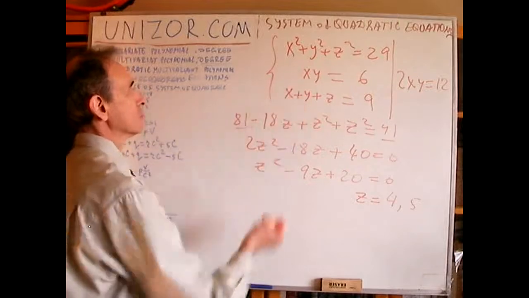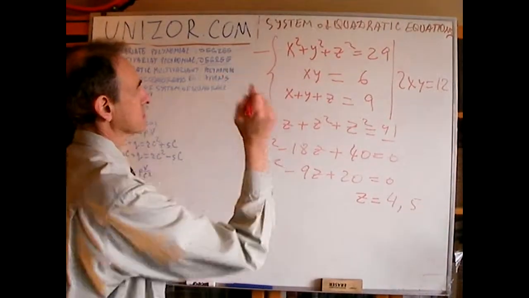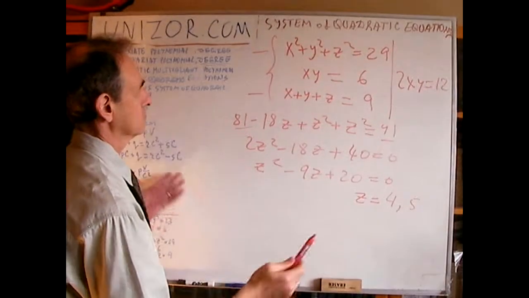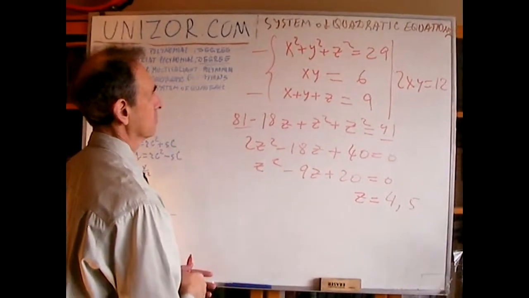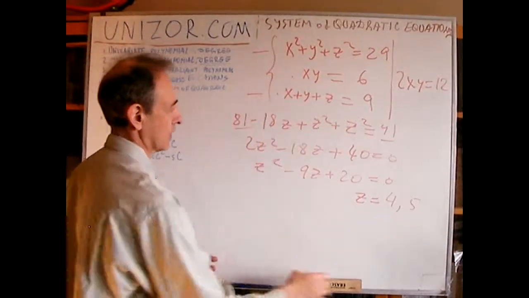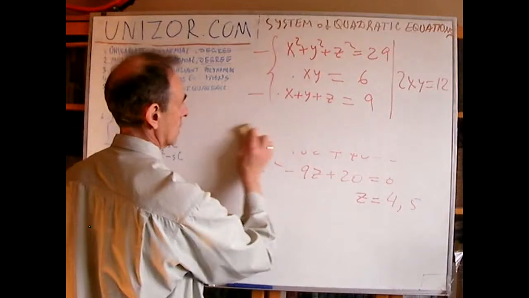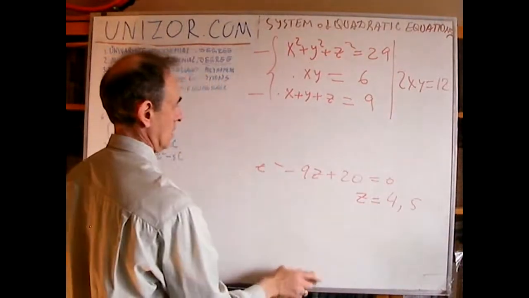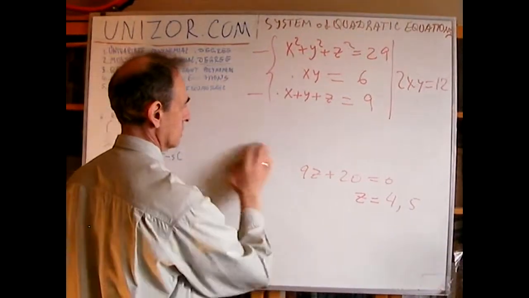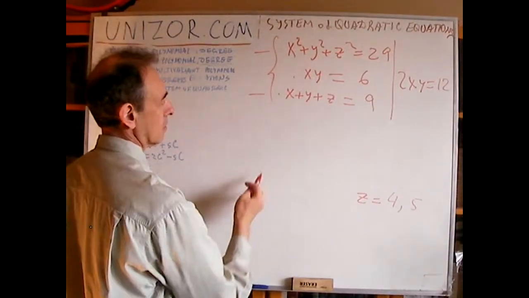Now we can substitute it into, let's say, this and this, or actually we can use this one and this one, it doesn't really matter. Okay, so let's do it. We don't need this anymore. So we'll use it here.